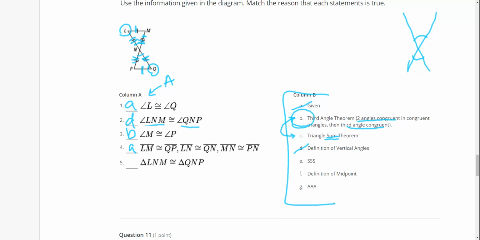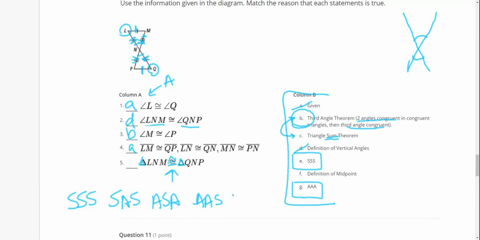And then the last thing, the triangles, is always one of those 5 things that we know. When it says triangle such and such is congruent to triangle such and such, what's a better choice there? How do I prove things are congruent? I've got 5 choices: side, side, side; side, angle, side; angle, side, angle; angle, angle, side; or hypotenuse leg.